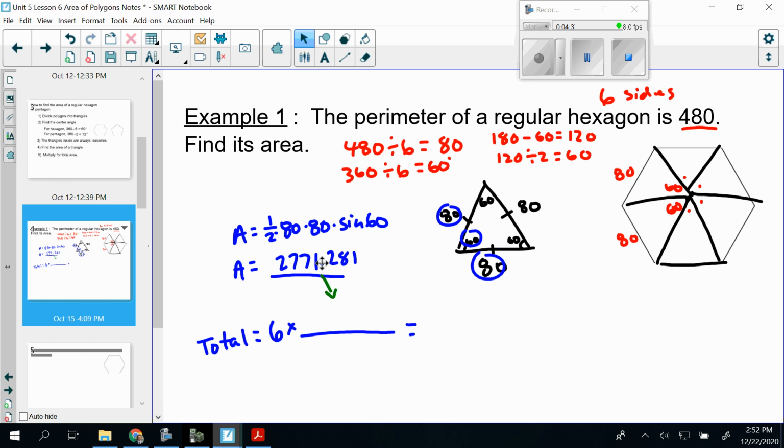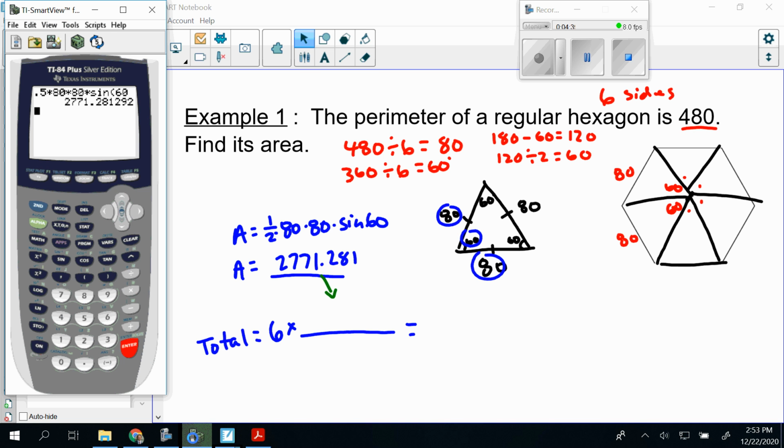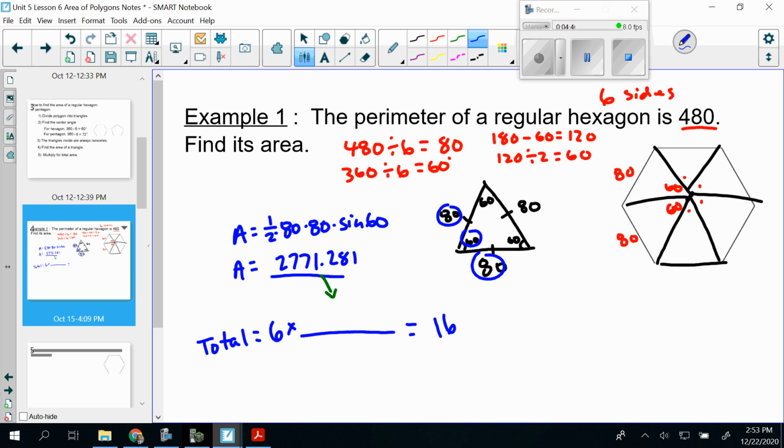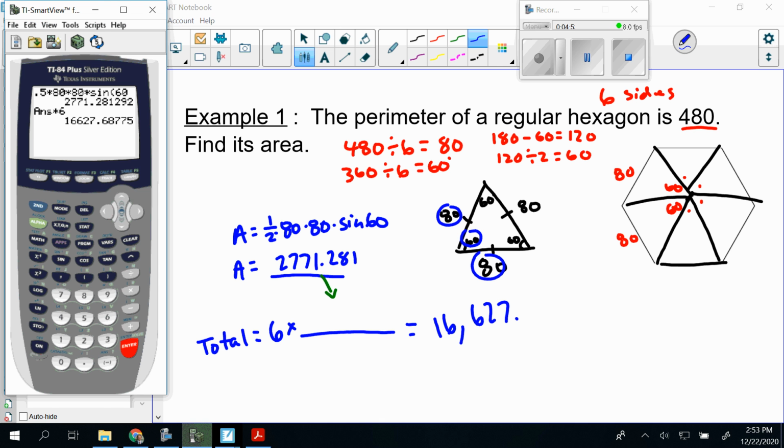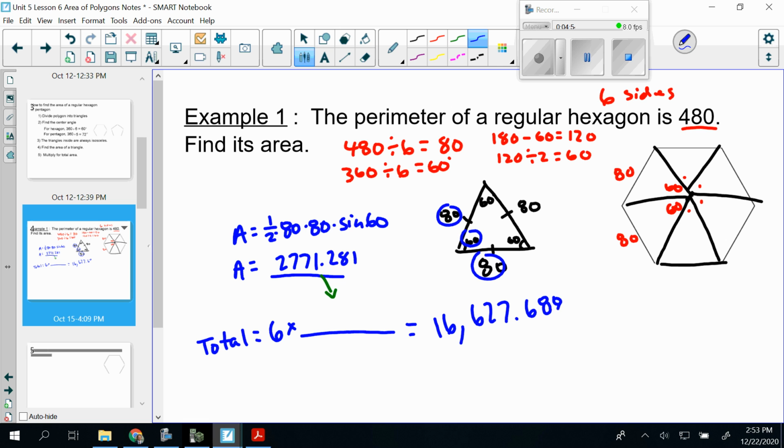So if we times it by 6, just hit times 6 on your calculator, we get the area of the whole thing. So the total area here comes out to be 16,627.688. And they didn't tell us what the units are, so we'll go units squared. Okay.